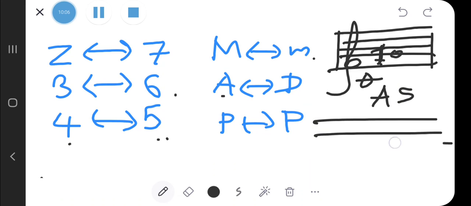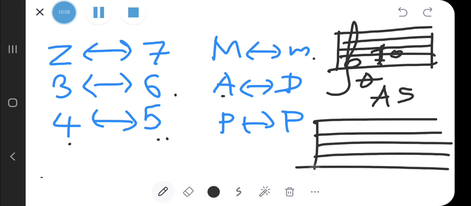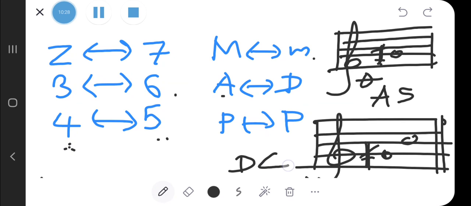When we invert this one, it would be a diminished fourth. So no need to count. We'll keep G here and put C here, and just write diminished fourth. Augmented turns to diminished, and fifth turns into a fourth.